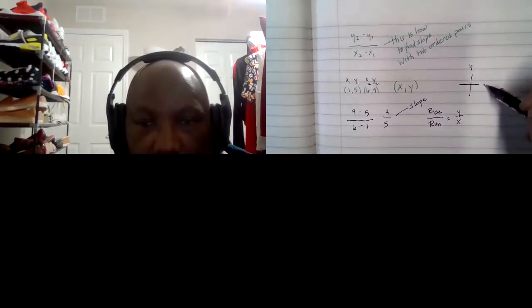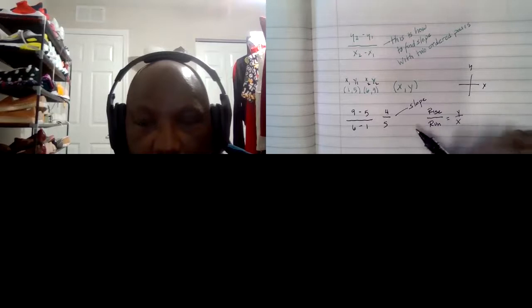You figured out the rise over the run, and that is also Y over X, not coordinates, but the line Y on a graph over X. So try not to treat these like fractions. Sometimes you just feel compelled to reduce them, you don't have to.